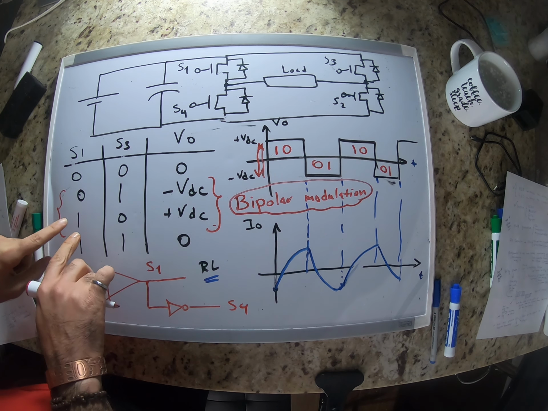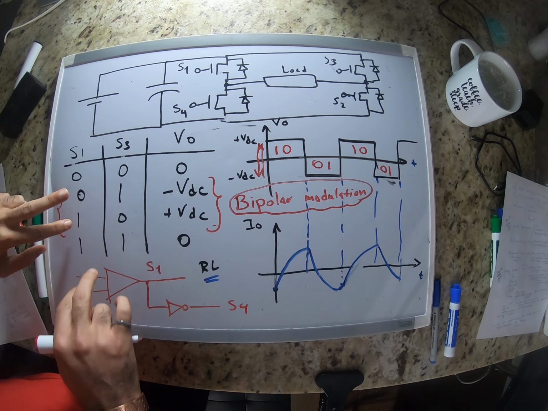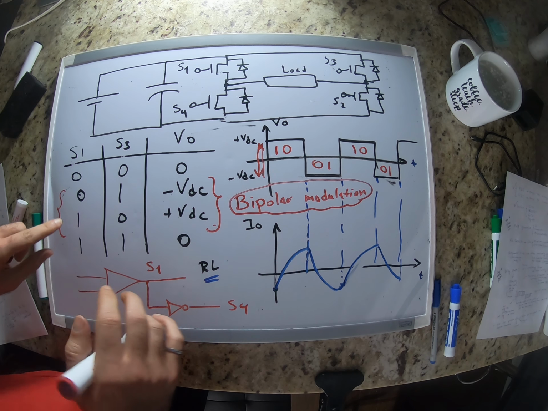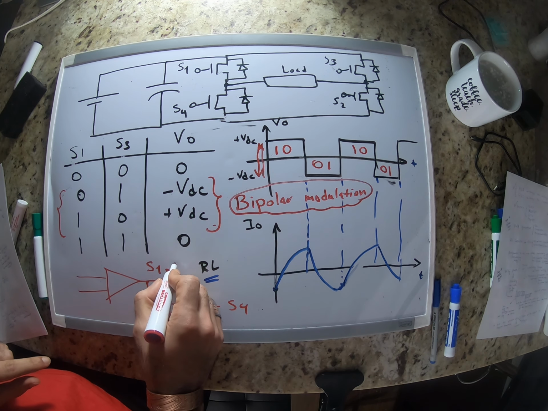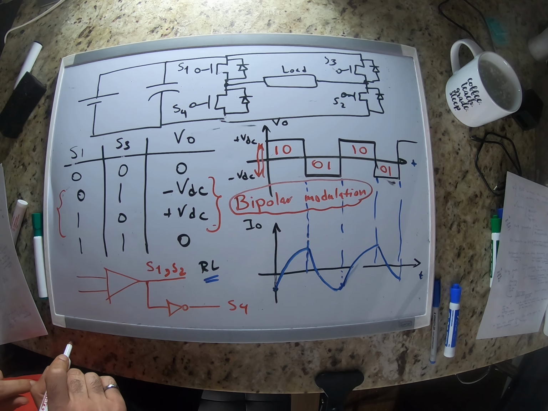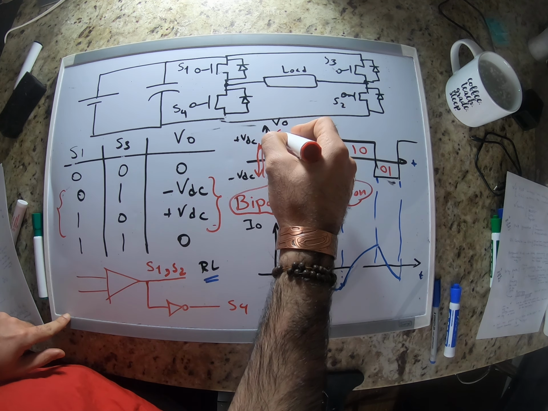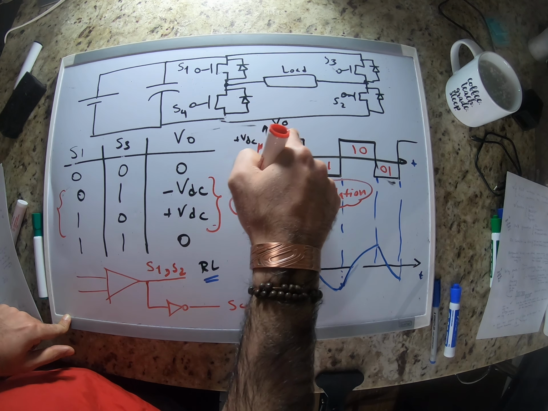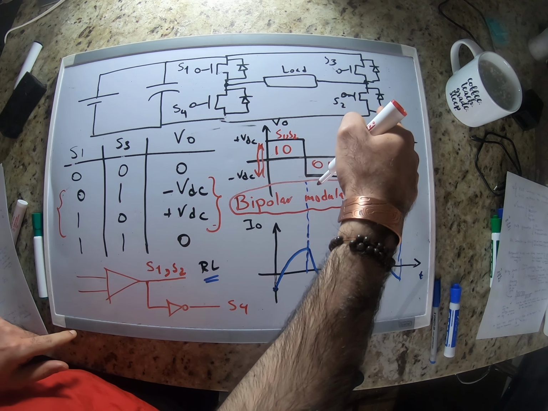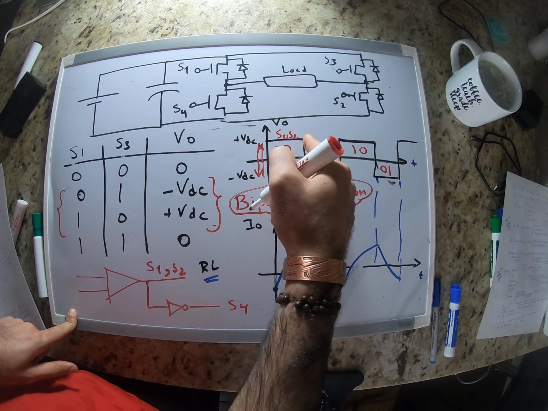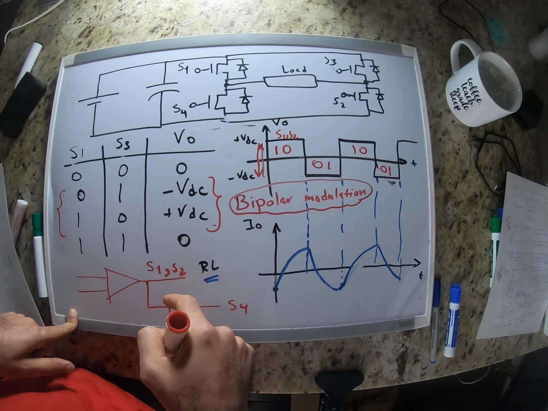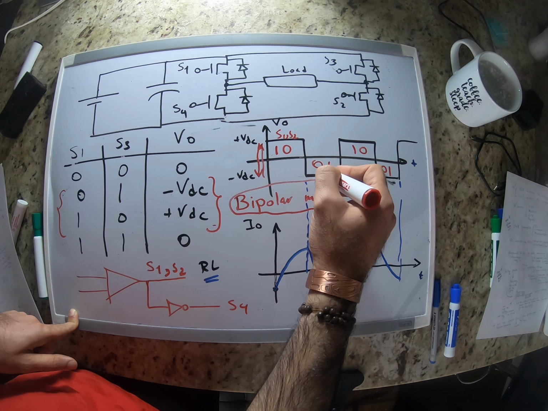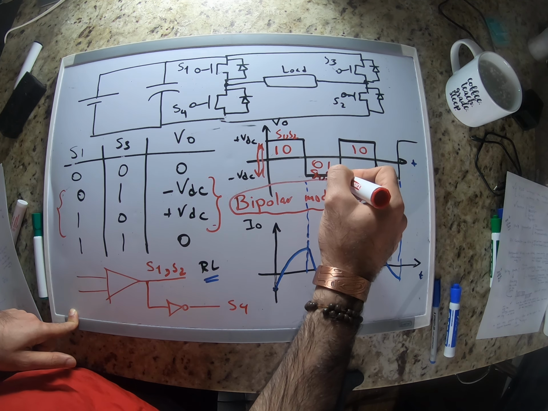But you see that we only switch between these two states, right? So when S1 is on, S2 is also on. So here we have S1 and S2, and we fire them at the same time. They might not be conducting, their diodes might be conducting, but we fire both of them at the same time. The same thing here, this is going to be S4 and S3.